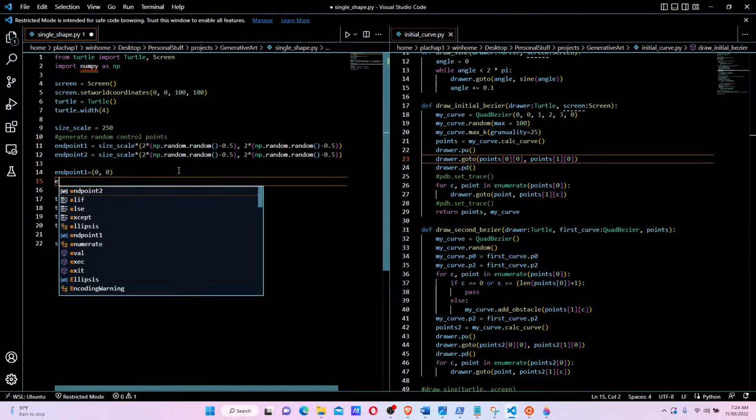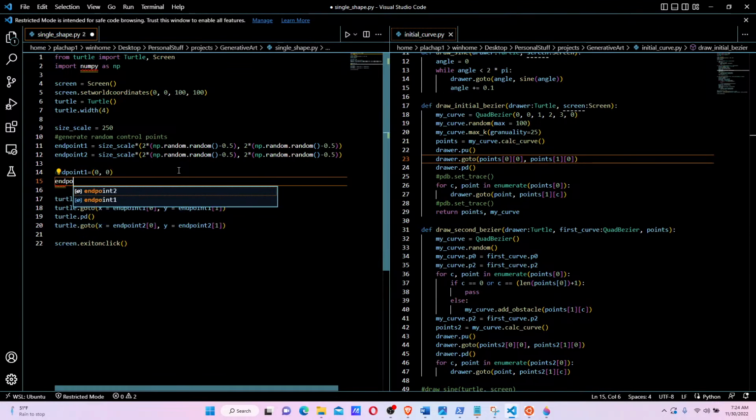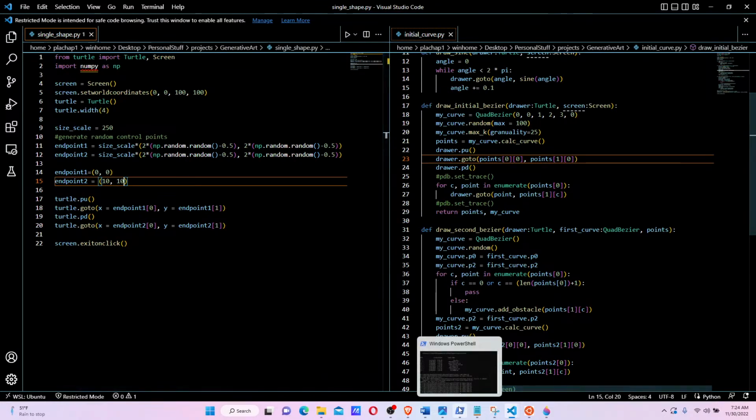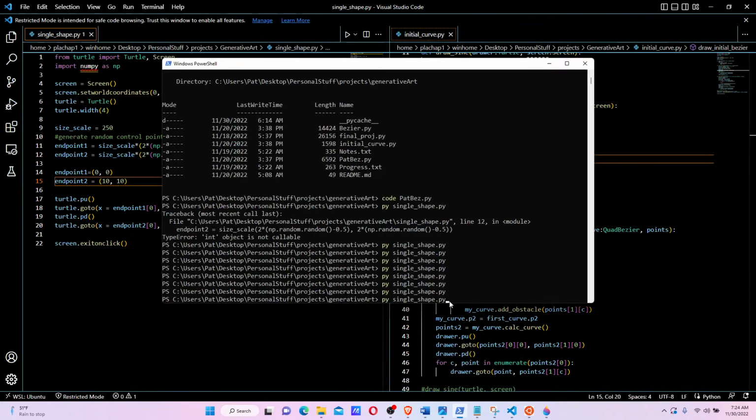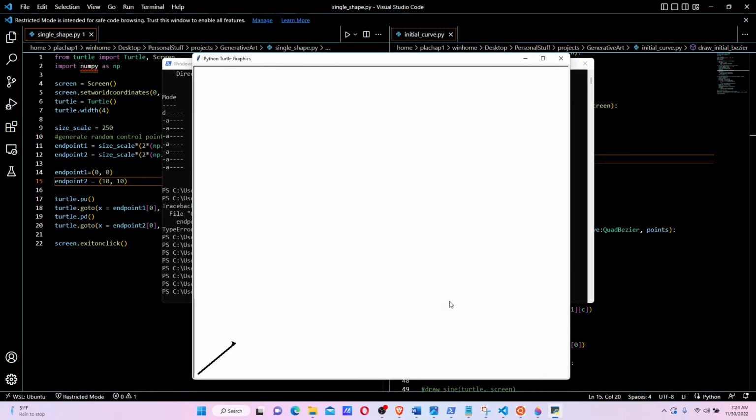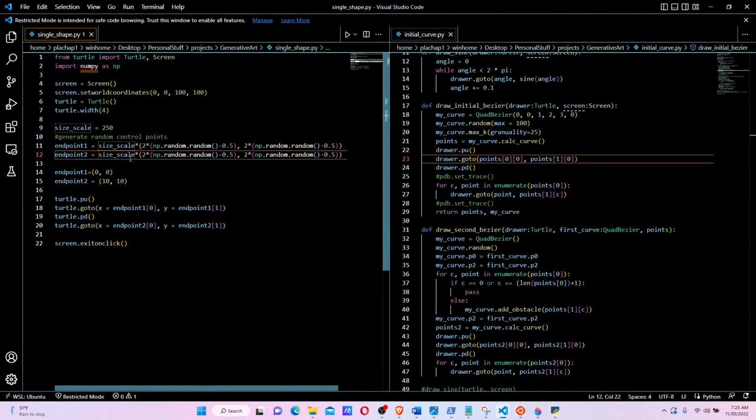And then endpoint 2 is equal to, say, 10, 10. And let's see what it does. Hey, that works.